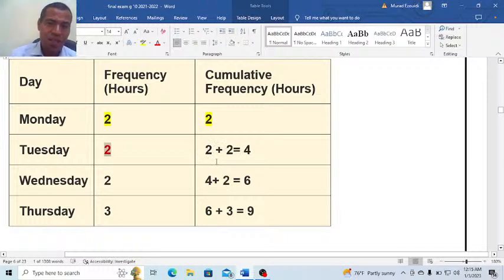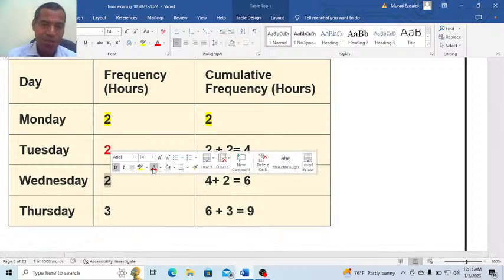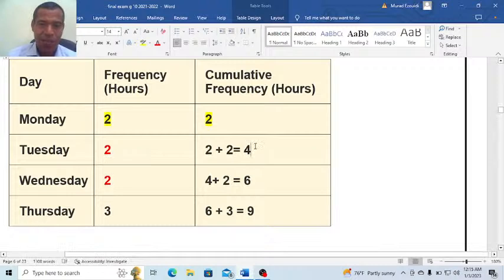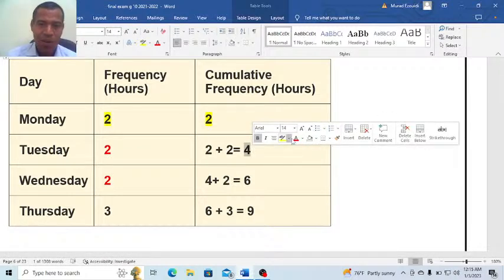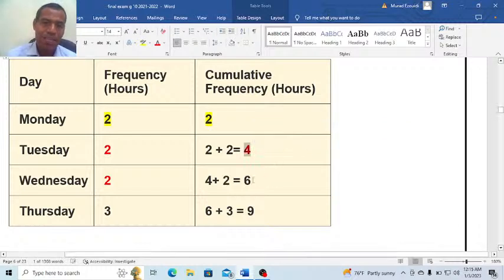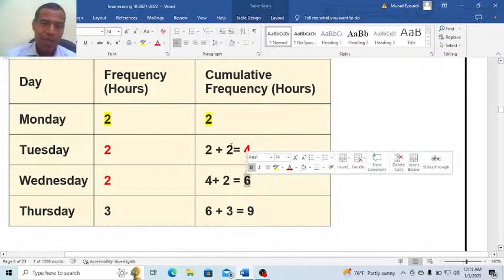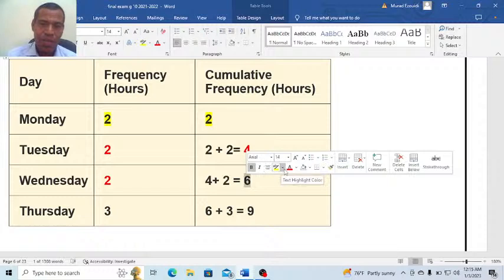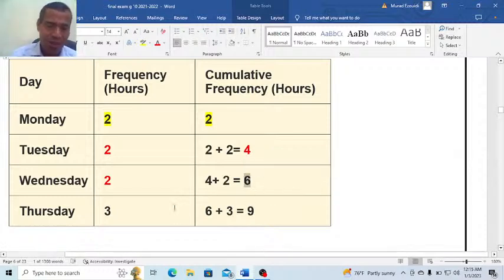To find the cumulative frequency on Wednesday, I would just write here 2 plus what, learners? Plus the cumulative frequency on Tuesday. So I will add both, it will be 6. Therefore, learners, to find the cumulative frequency on Thursday, I will write 6 plus 3 gives 9.